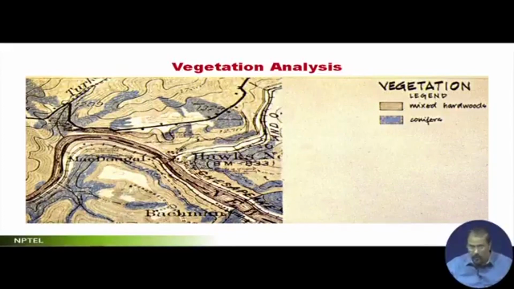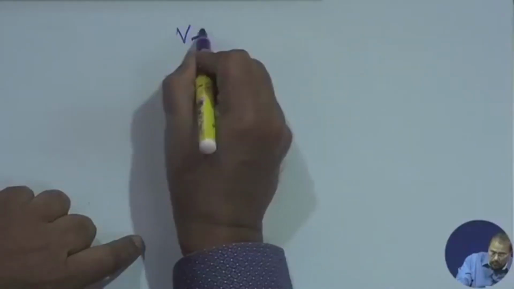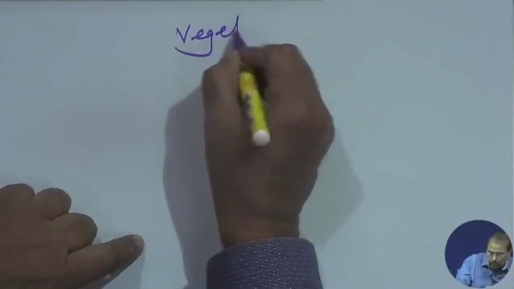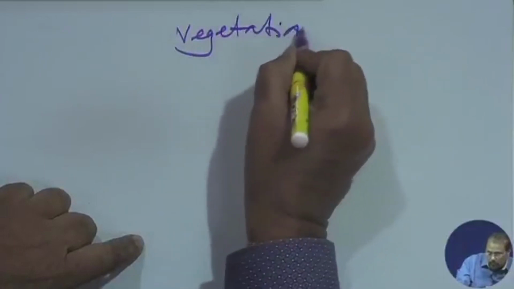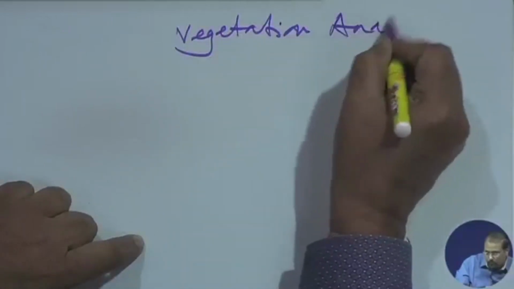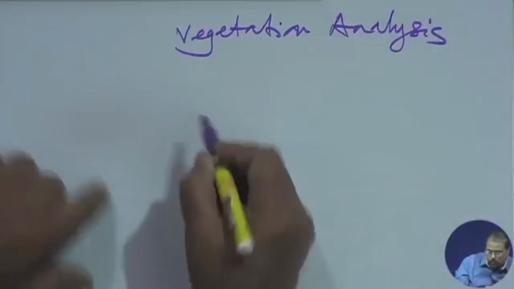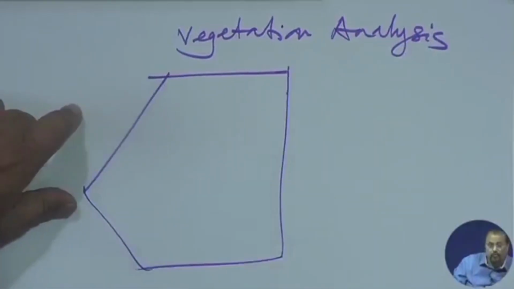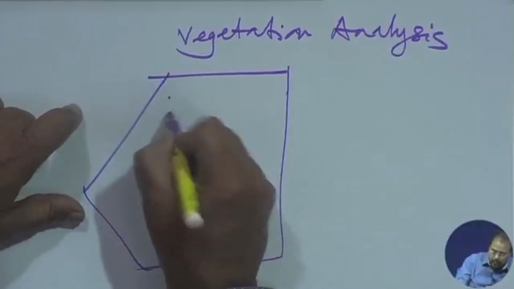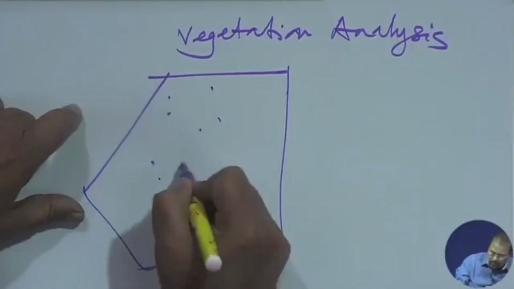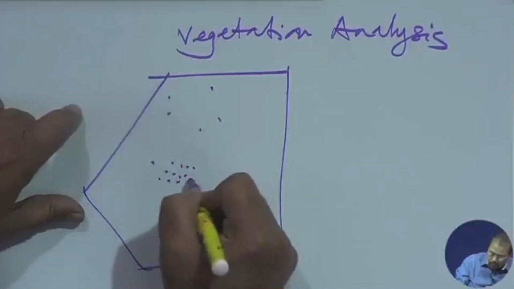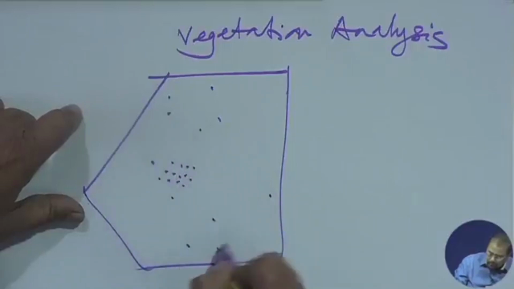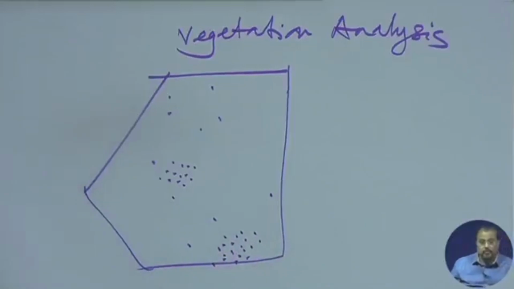For this, what you try to find out in vegetation analysis, what you are supposed to find out, I am again drawing a very arbitrary site. In this, suppose these are all plants, and all these are nothing but locations of plants. Each of the plants is located.